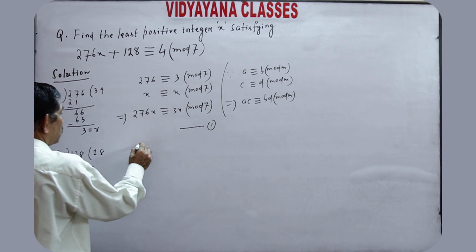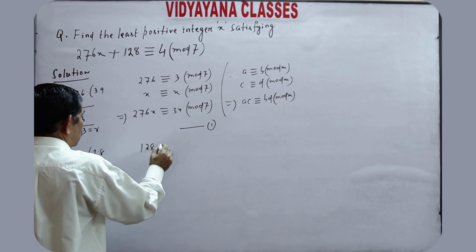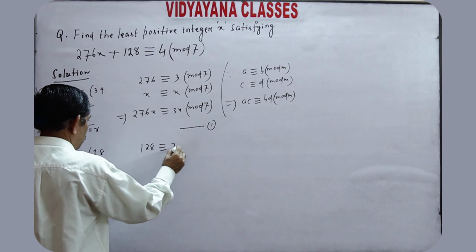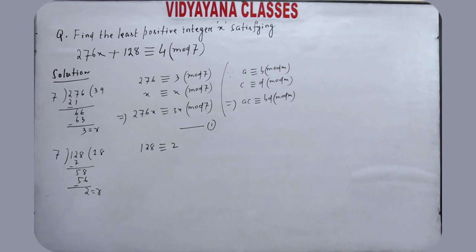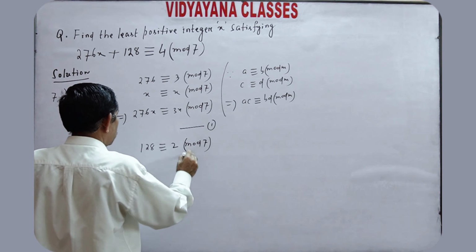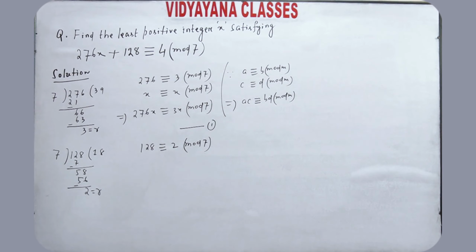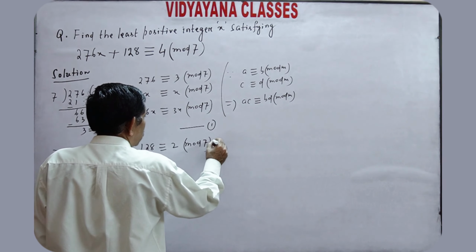That means 128 is congruent to 2, since the remainder is 2, mod 7. That means 128 minus 2 is divisible by 7. Equation 2.